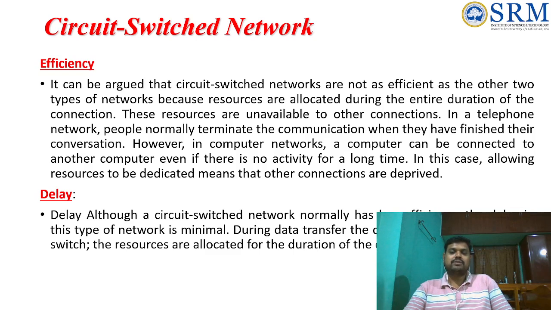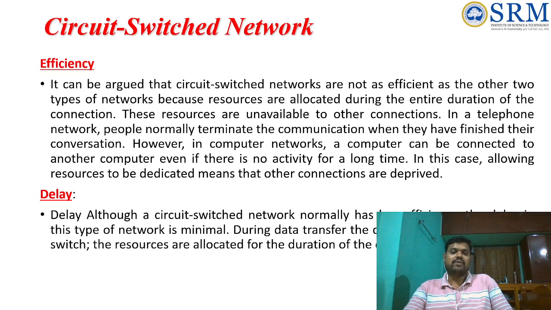Circuit switched networks are not efficient because you need a dedicated line and it requires some time for establishing the connection. So it will create unnecessary delays in the data transfer, and it will create a burden, because in order to create the connection you need to send some additional data, and to terminate the connection you also have to send some data, right?